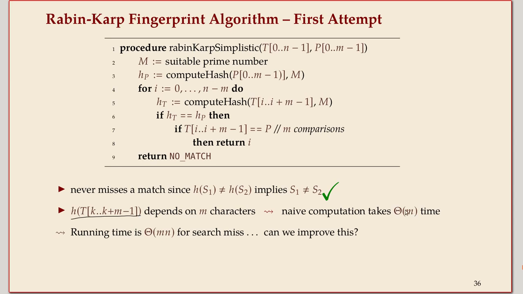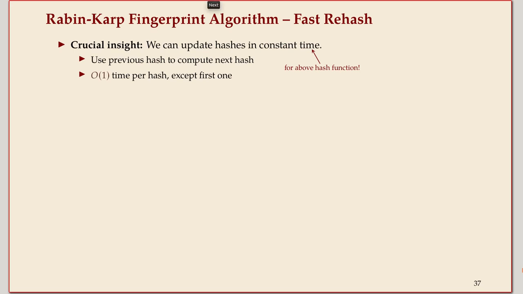So essentially the computation of this hash is too slow to be interesting, because this would mean for every position in the text we spend theta m time. That's theta m times n. That's the same as the brute force method, so that's not interesting. But we're not done yet. It's not all hope is lost.